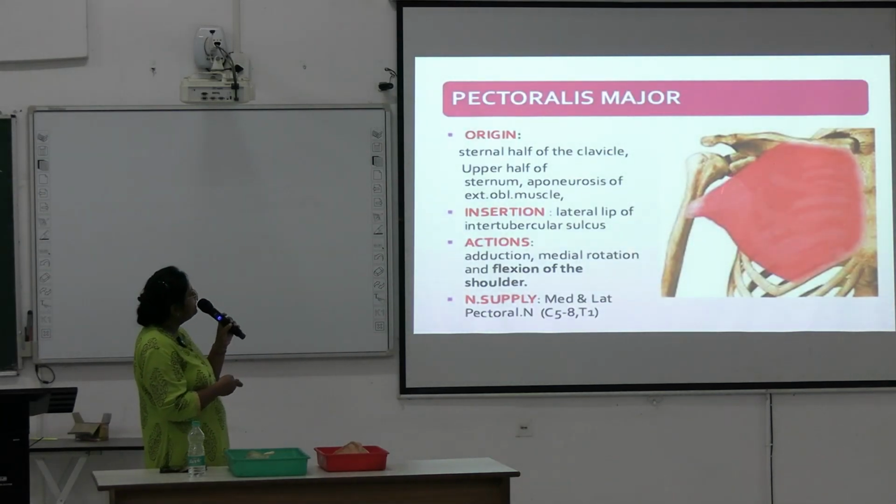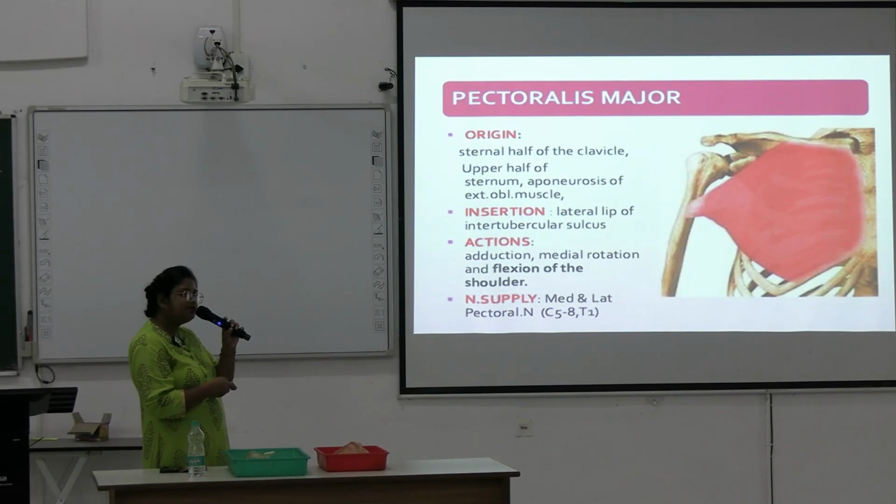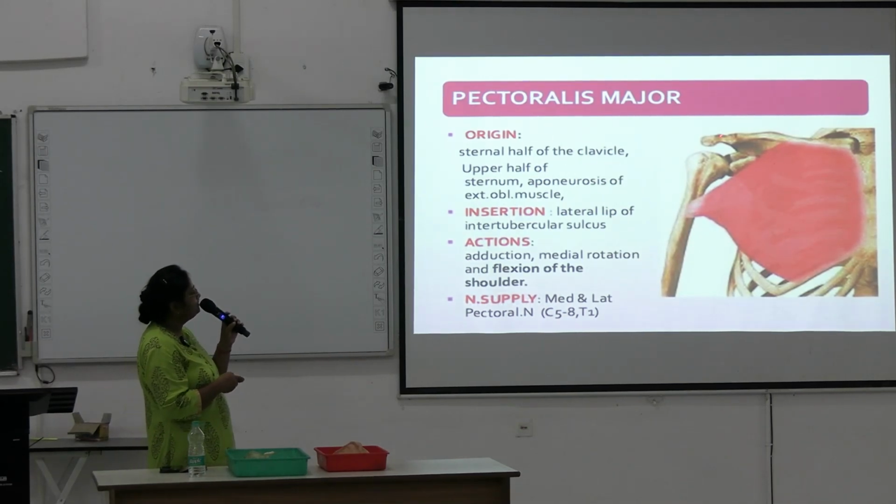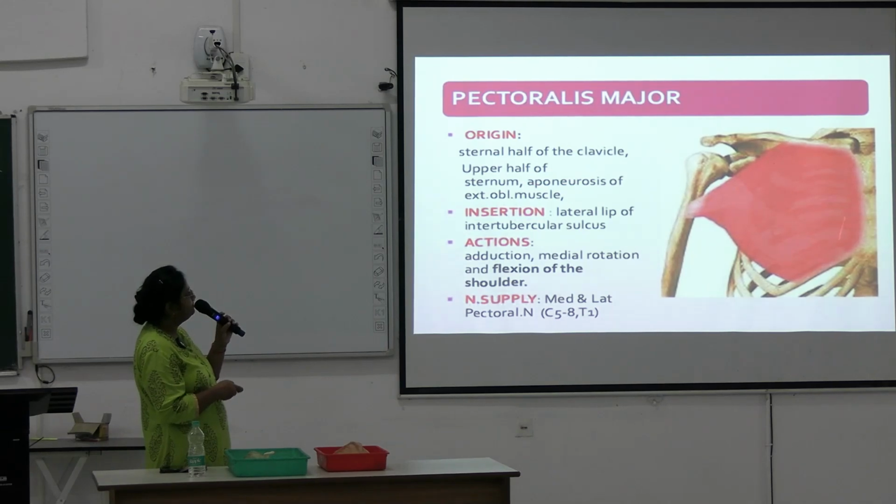So first is pectoralis major. Here is the location of pectoralis major. Origin is from the sternal half of the clavicle, anterior surface. Here is the clavicle. Then the upper half of the sternum, the midline bone, and the aponeurosis of the external oblique.